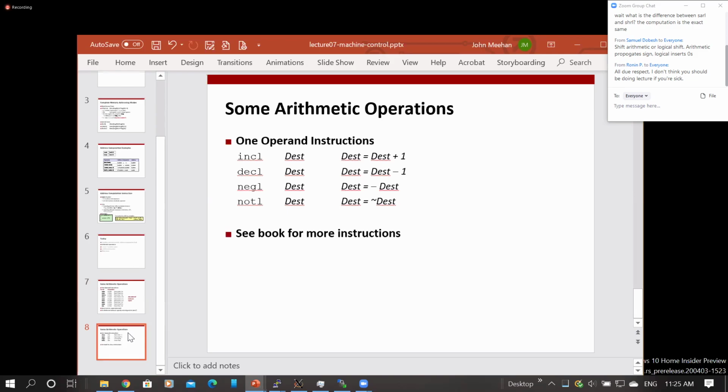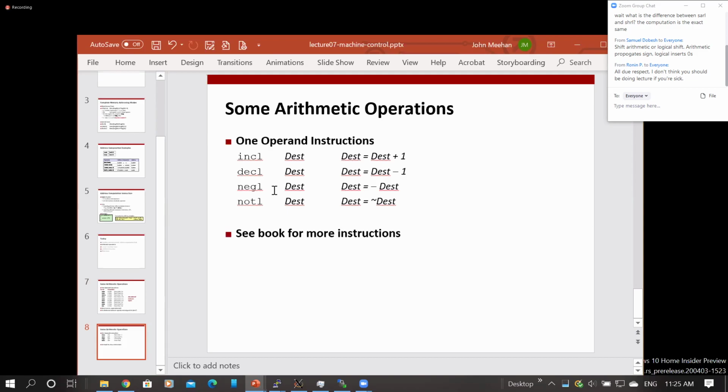We don't want to have to always say add long word one comma some register. It's such a common thing to increment and decrement things that we just have a special opcode that means that. It's just increment and decrement, long word.